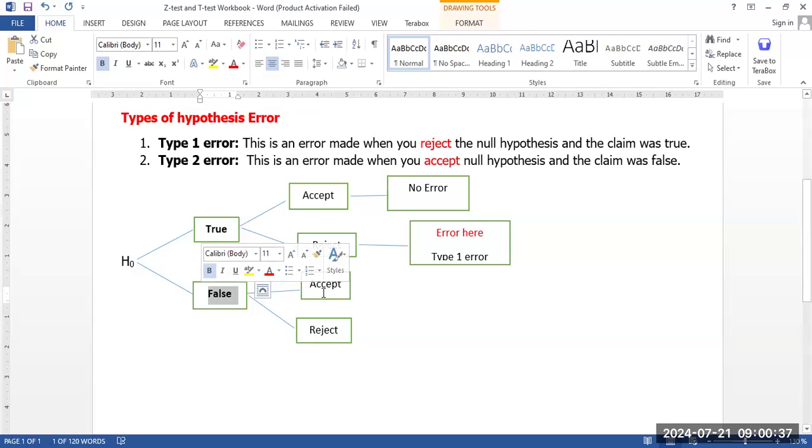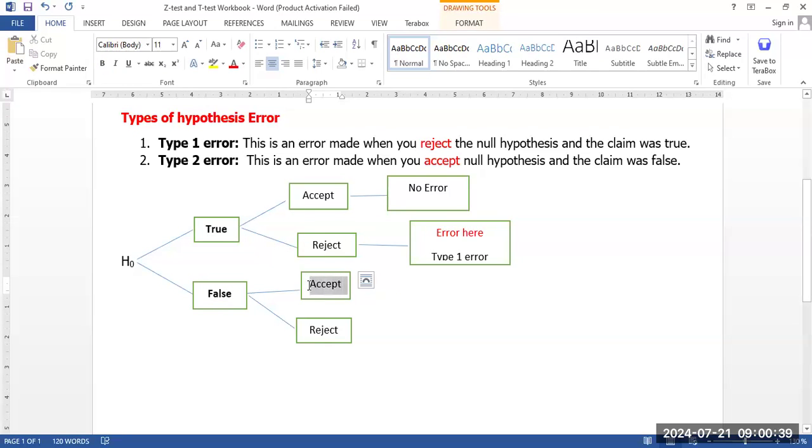So if you go ahead and accept the false null hypothesis, then we are saying here there is what? Colleagues, here we are saying there is what? Error. There is error. And which type of error is this?